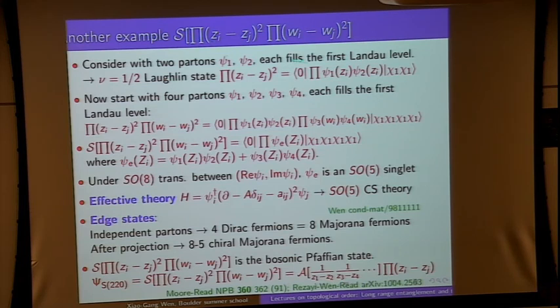Now you have a many-body wave function, so what is the low-energy effective theory? Is this state an abelian state or a non-abelian state? So we can ask a similar question. So amazingly, this wave function can also be constructed using parton construction, understood using parton construction.